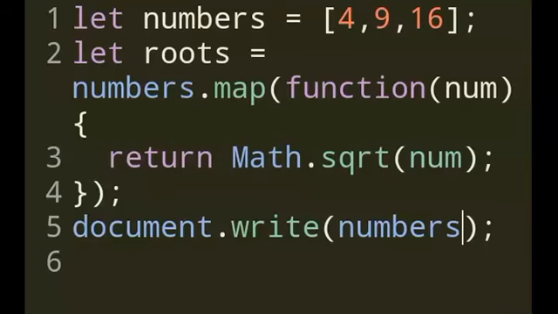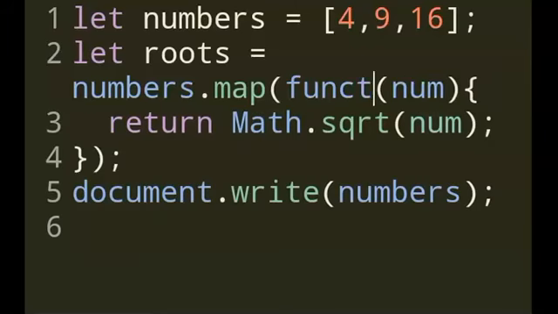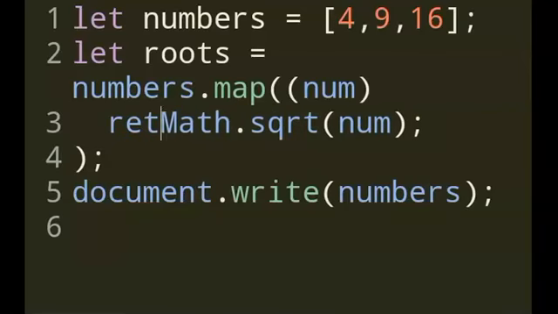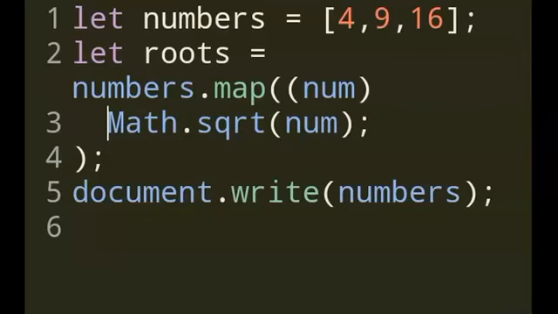Remember, in an arrow function all you need to do is remove this function word, remove the curly brackets, and remove the return also, I forgot. So all you need to do is num arrow function.